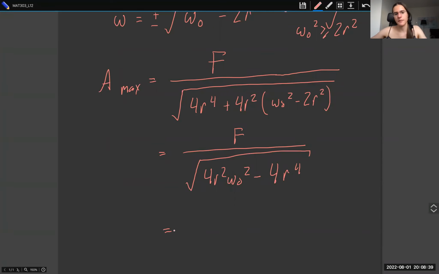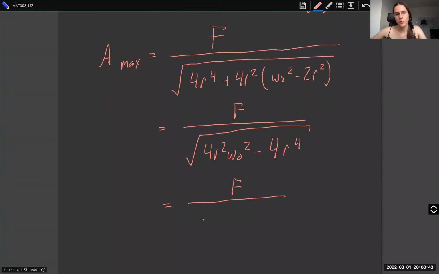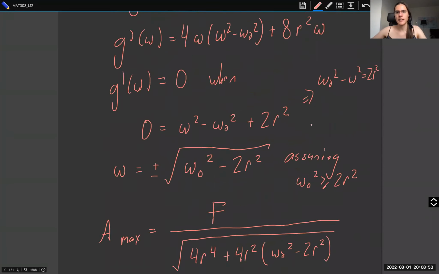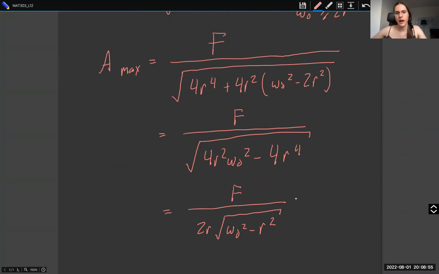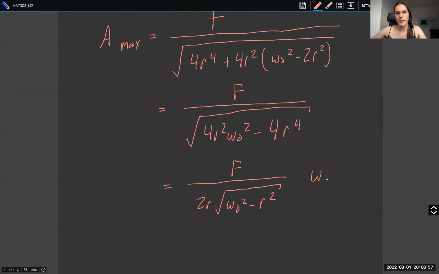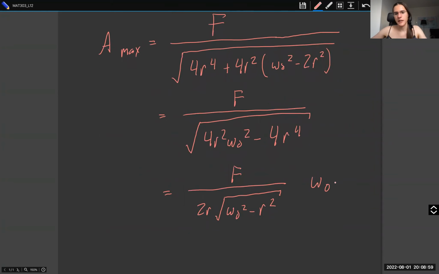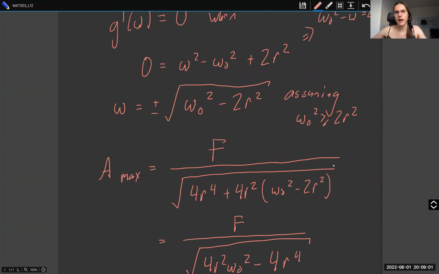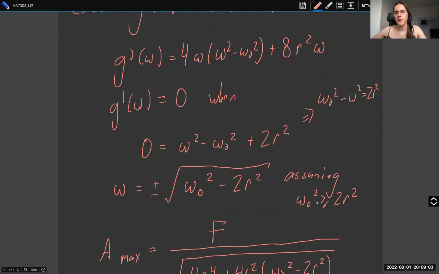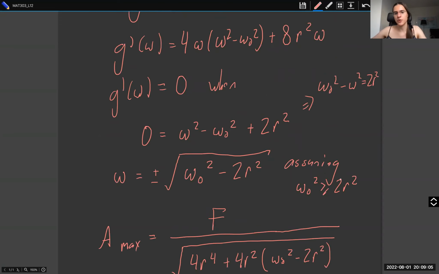And so what that becomes finally is F over 2R times the square root of omega naught squared minus R squared. And this happens again in the case where omega naught is greater than 2R squared.